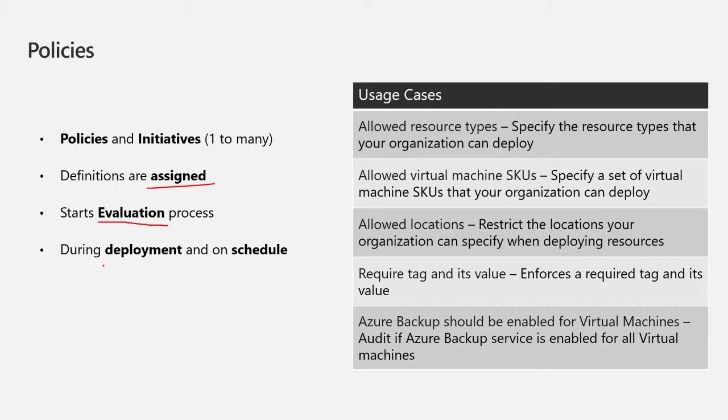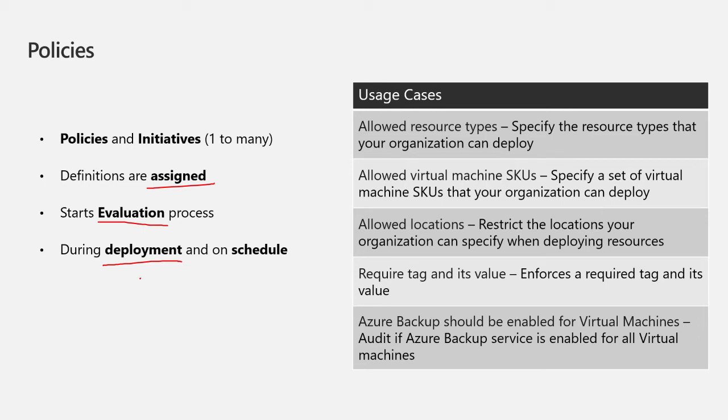Right, so during your deployment of resources, when you are provisioning a new resource, Azure Resource Manager is actually going to look at that deployment, look if there are policies that are stopping you from doing that, and it will then stop that deployment before it goes ahead. So while you're doing deployment, we are also evaluating the policies and seeing if this deployment of yours is actually going to stick or not.